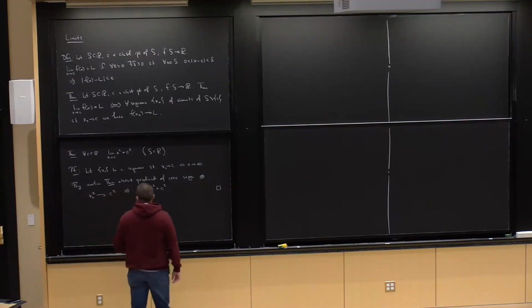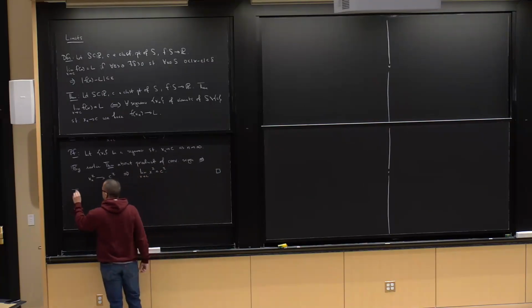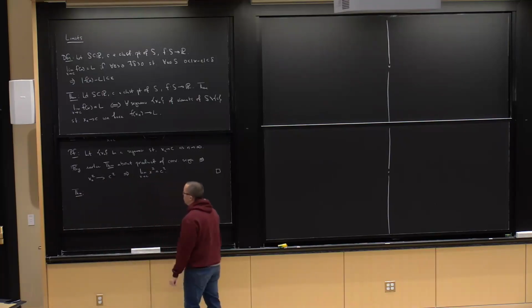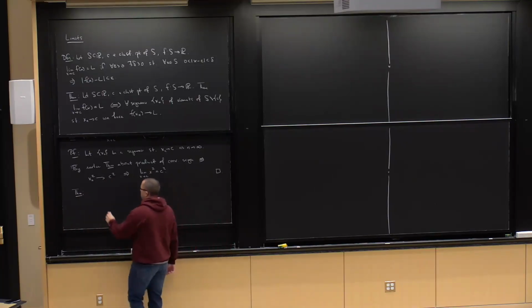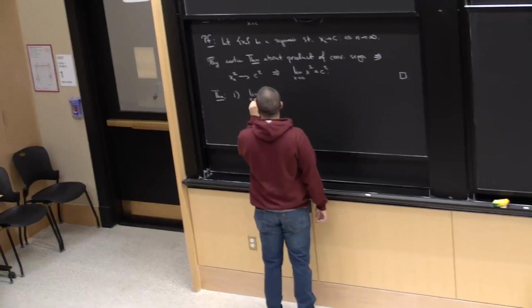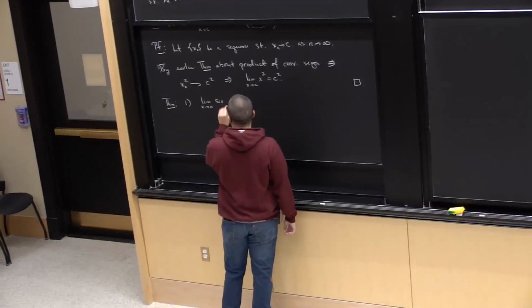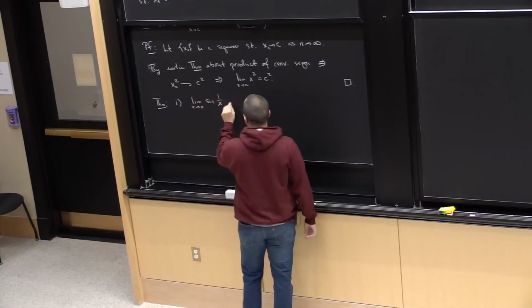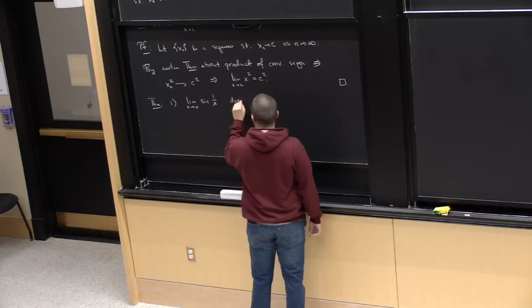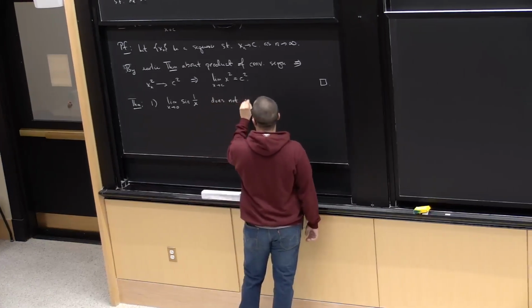So now let's use this theorem to study a couple more limits. And we'll use this theorem, in fact, to show that a certain limit does not exist. So the limit as x goes to 0 of sine of 1 over x does not exist.